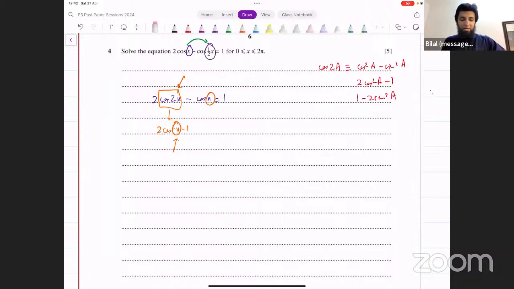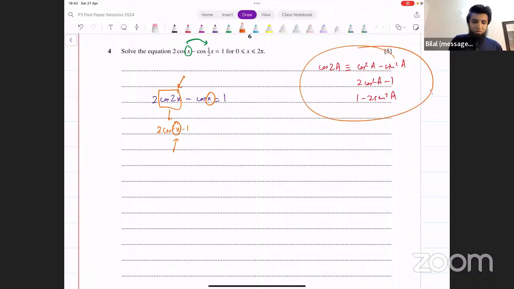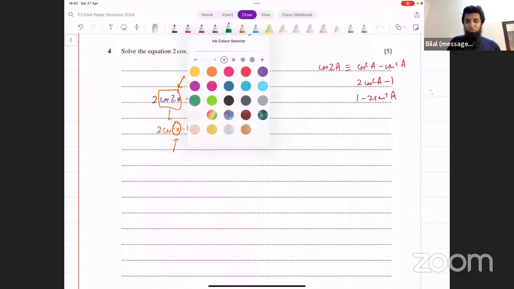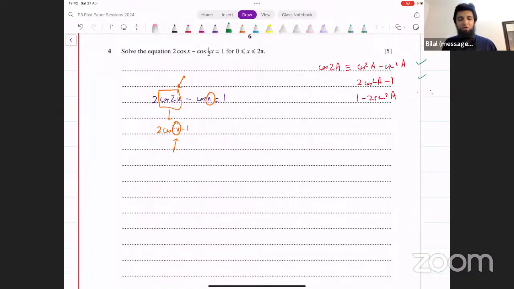Now, similarly, here what we've got is, we've got an x angle and a half x angle. What we can do is, we can convert this bigger angle to the smaller angle somehow. What we can do for that is, we can use this double angle identity to convert x to half x somehow. How can we do that? First of all, let's choose one of these 3 identities that we're going to be using here. We want everything to be in terms of cos, so it's going to be better that we use this form that has only cos on the right side.